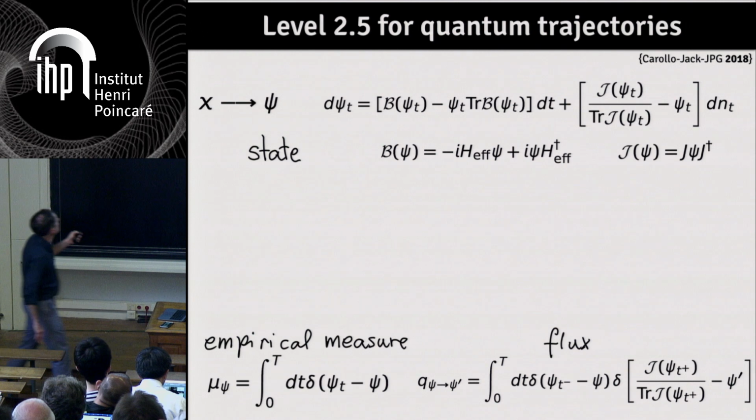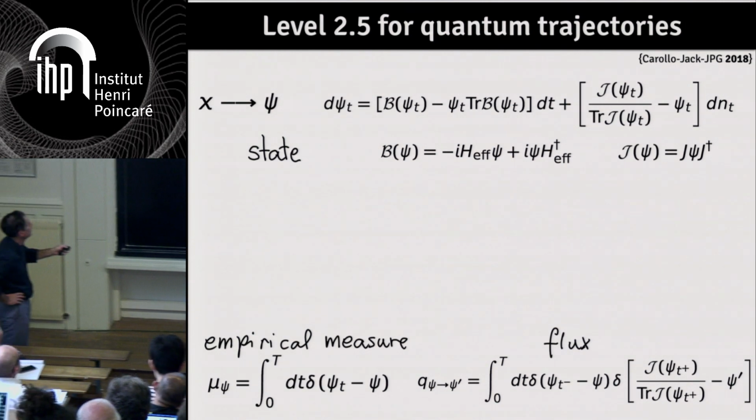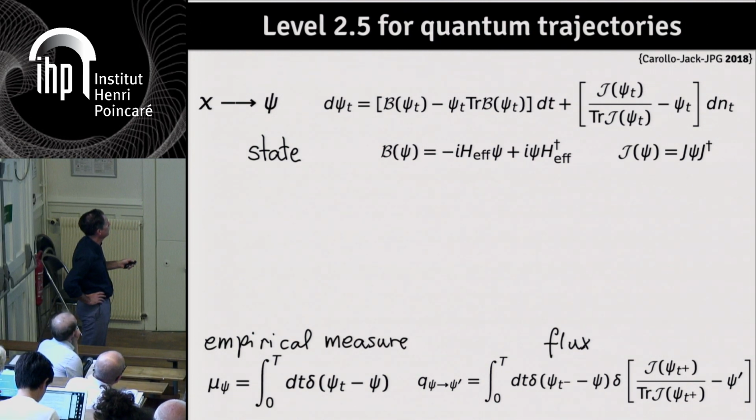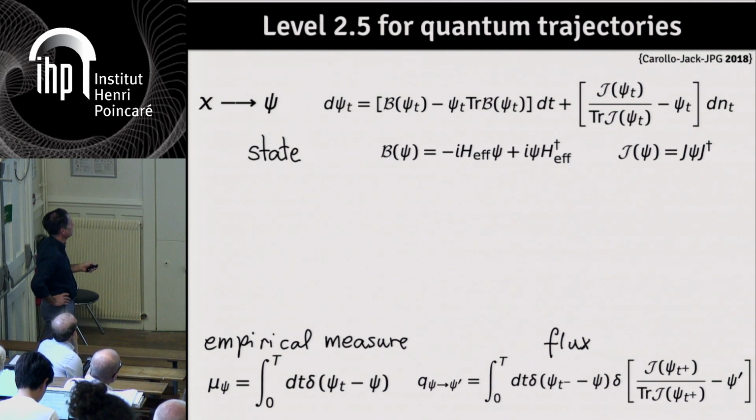If we have a fluctuating state evolving like that, we can define an empirical measure and a flux. The empirical measure is the probability that the state, so it's basically a delta function of the state at time t, being at this entry of the vector mu, summed over all times.